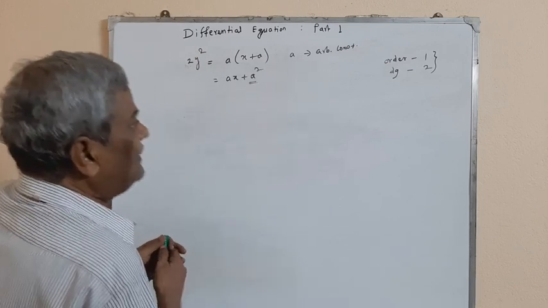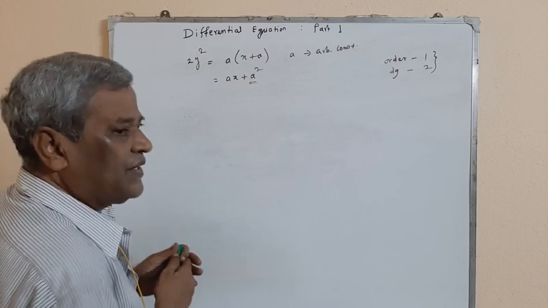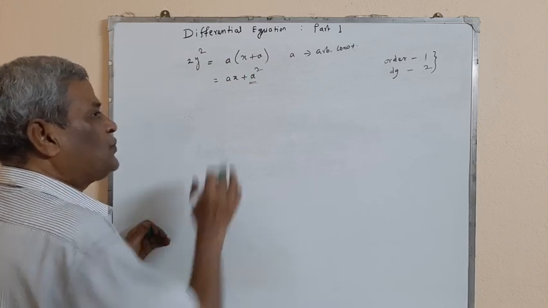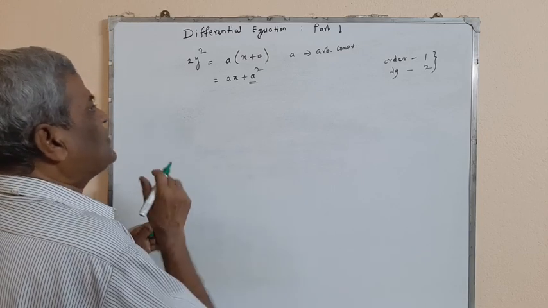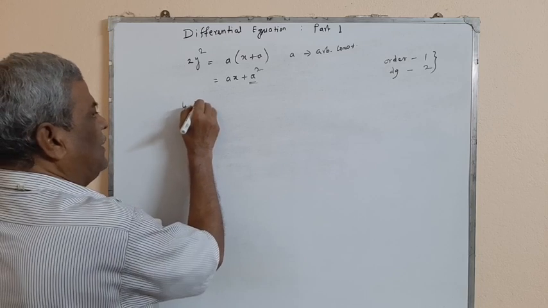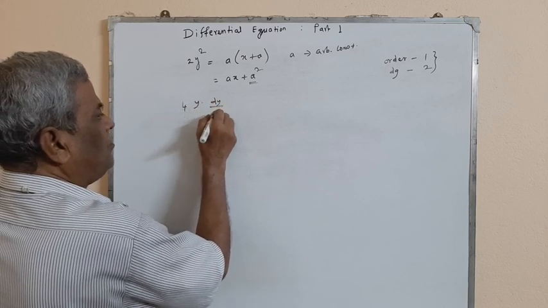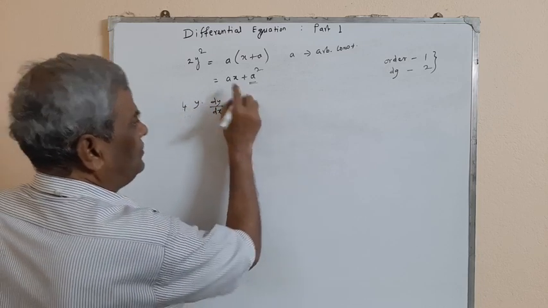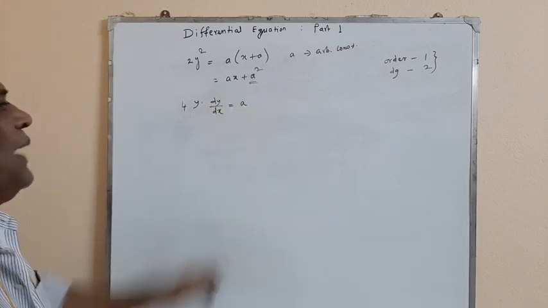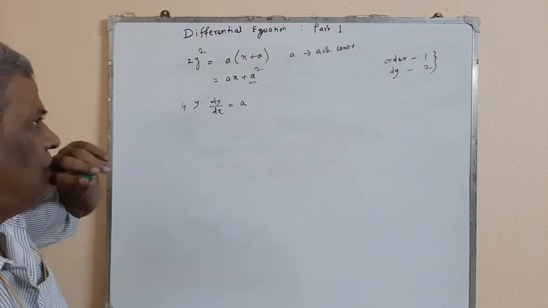So we see that only one arbitrary constant is present, so we can differentiate both sides only once with respect to x. So 4y dy/dx is equal to a, that's all. So value of a is equal to that.